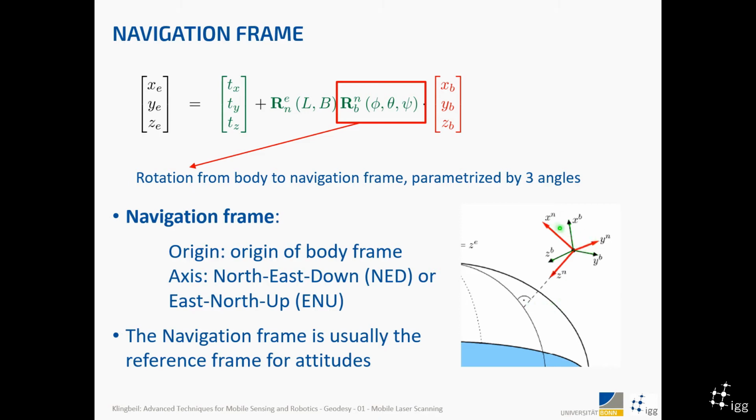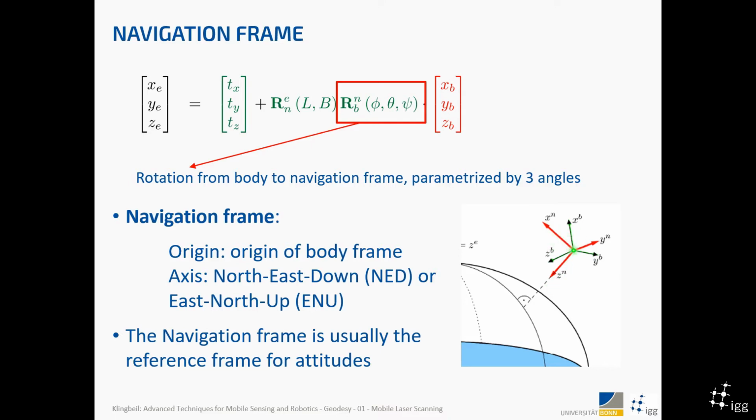So we now have a system which is tangential to the ellipsoid, attached to the body as well, but the axes are pointing north, east, down. So this is the navigation system.